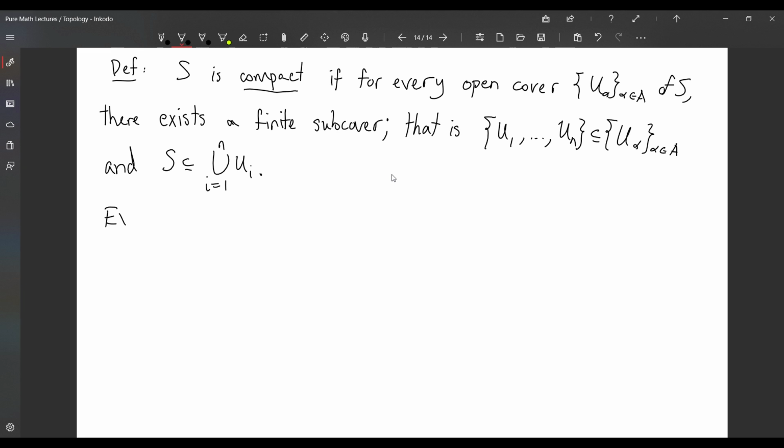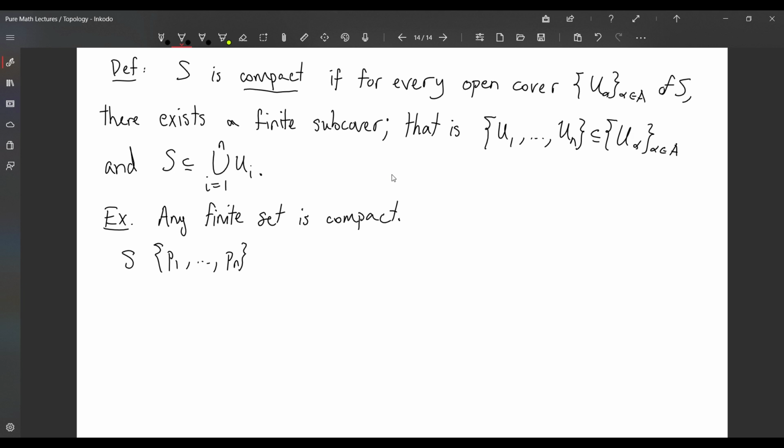So as a first example, any finite set is compact. So consider, I can just label the points P1 through Pn.